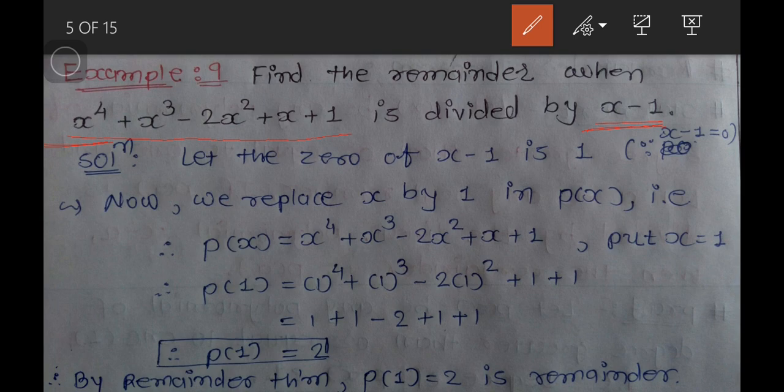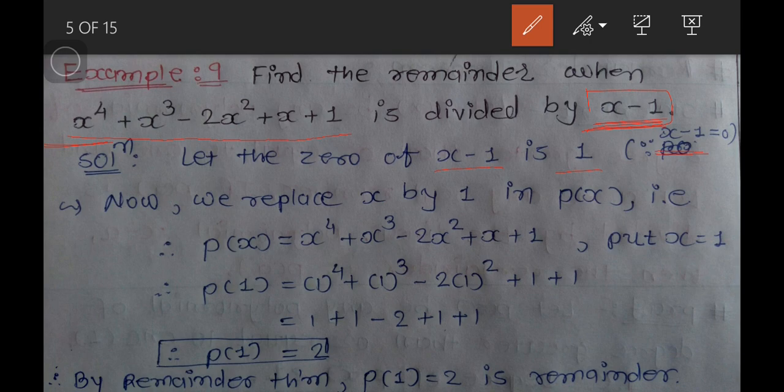So now first we try to find the zero of our linear polynomial. You can find the zero of a linear polynomial by the method you have studied in the previous lecture, that is, we can find the zero of a linear polynomial by the formula x is equal to minus b by a. So here we get the zero of x minus 1 as 1, or you can also use this method, x minus 1 is equal to 0, then we get x is equal to 1.